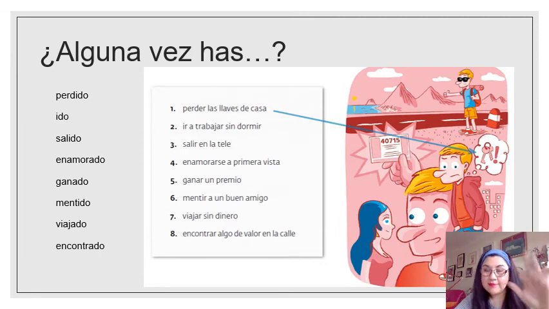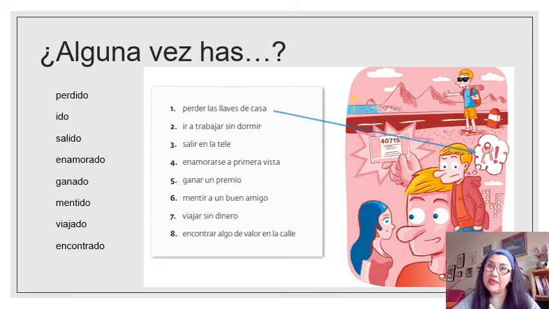Número 5. ¿Alguna vez has ganado un premio? Have you ever won a prize? Número 6. ¿Alguna vez has mentido? Have you ever lied to a good friend, a un buen amigo? Número 7. ¿Alguna vez has viajado sin dinero?